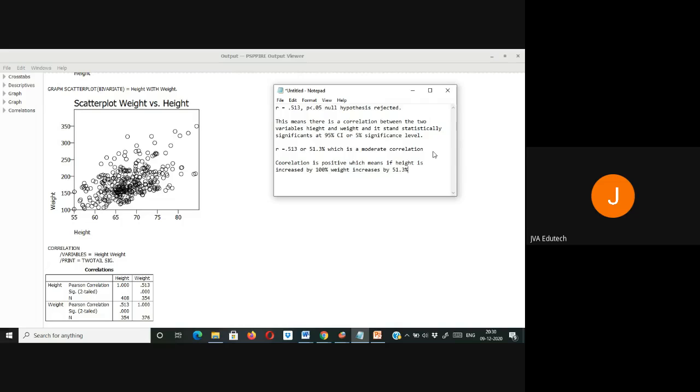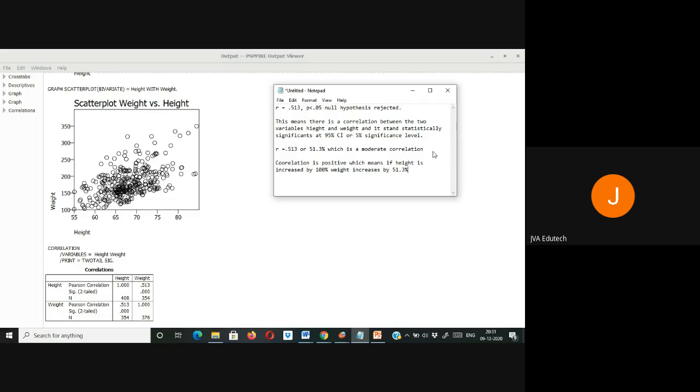तो क्या हम इसको ऐसा भी लिख सकते हैं कि weight is increased by 51.3%, height will increase by 100%? No, because you have to check the relationship between height and weight unidirectionally. On the x-axis, that's why we have taken height. We want to check how height is correlated with weight.